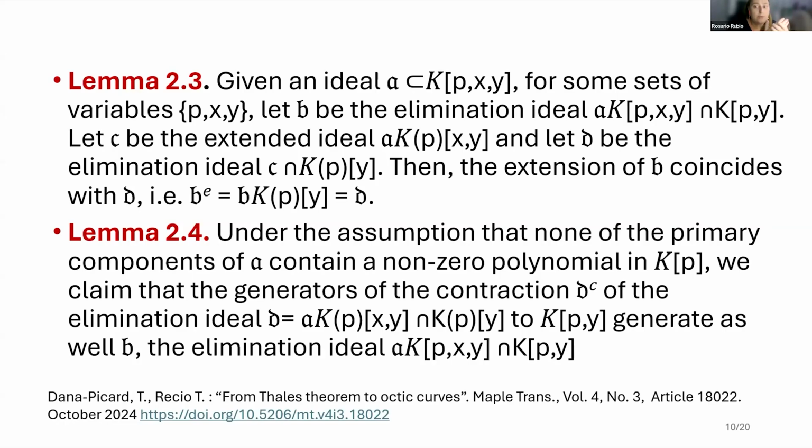But if we want to profit from eliminating over the field K(P), since this has fewer variables, we can also use the second lemma, which declares that it also works assuming that the hypothesis ideal has no components involving parameters. But this is a work in progress.